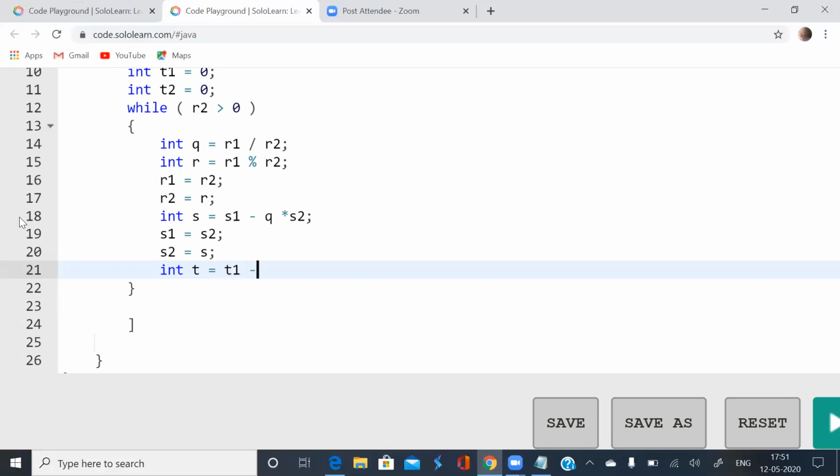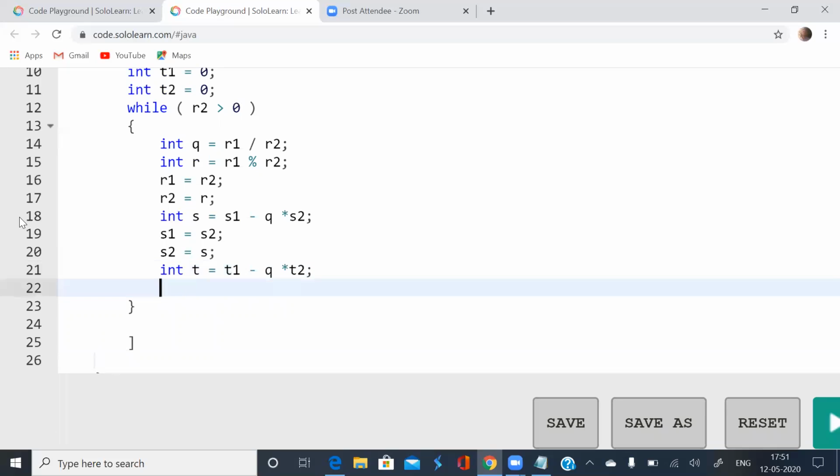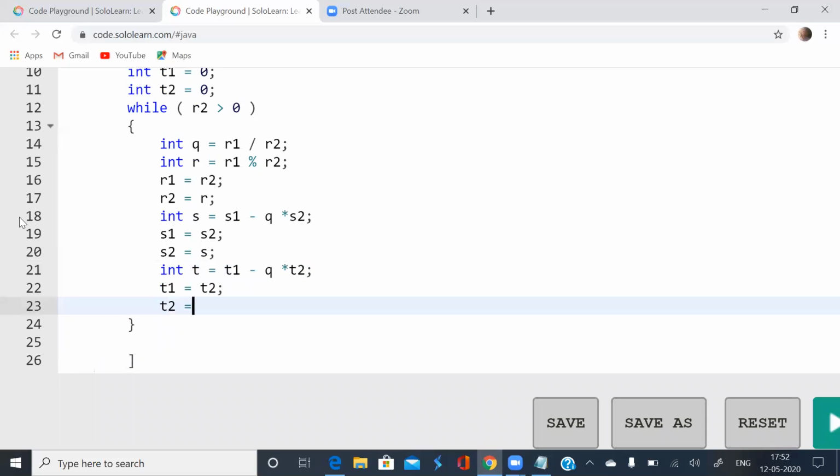T1 minus Q into T2. T1 is T2. T2 is T. Okay, done. Now print the results.